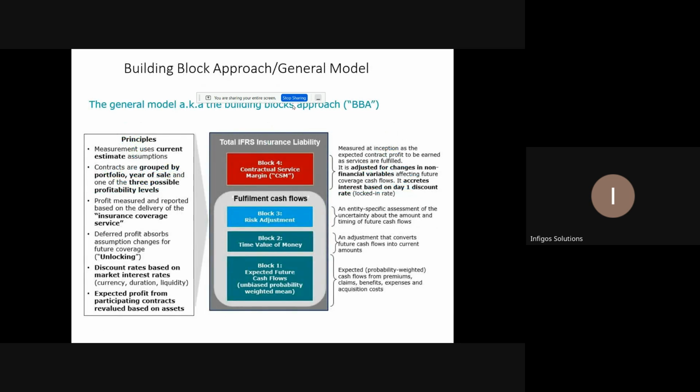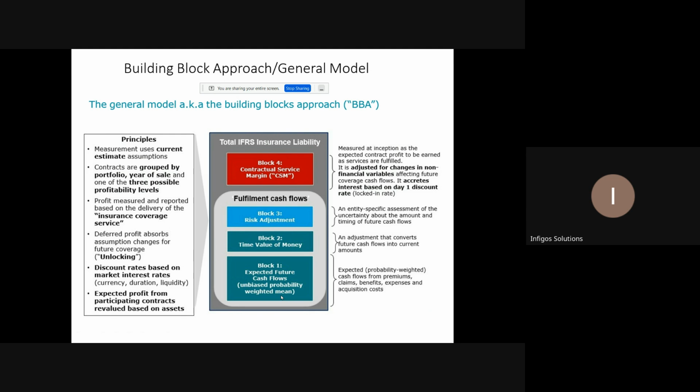So let's go a bit deeper into building block approach. The building block approach, these are the principles and these are the blocks. There are 4 blocks.